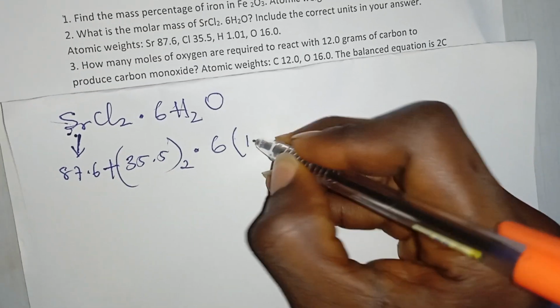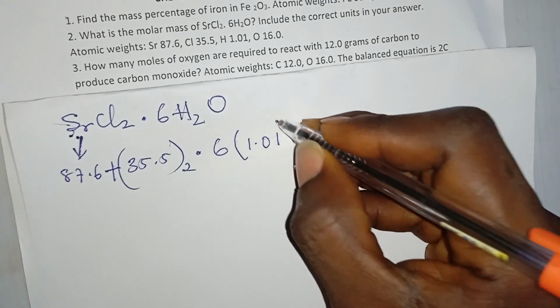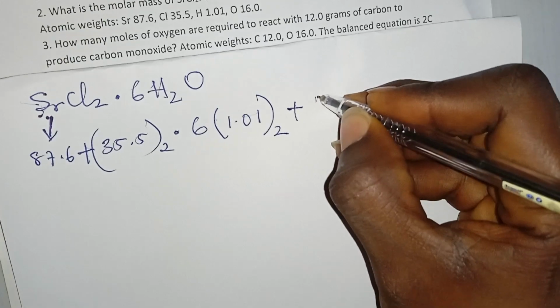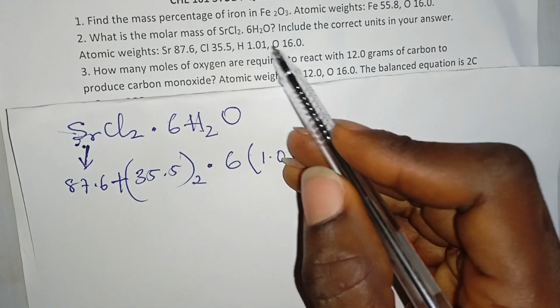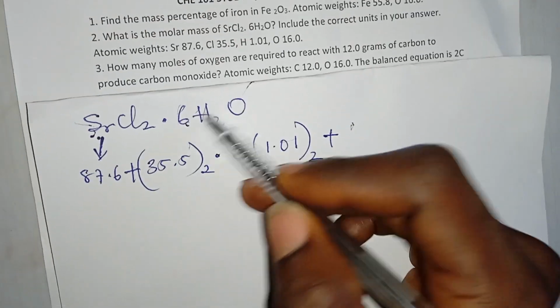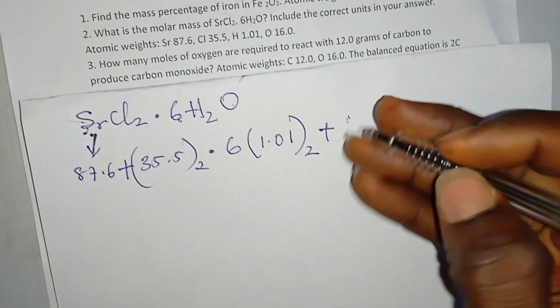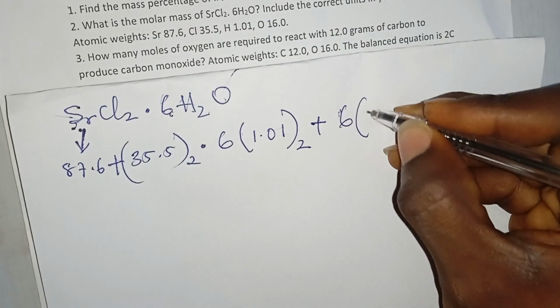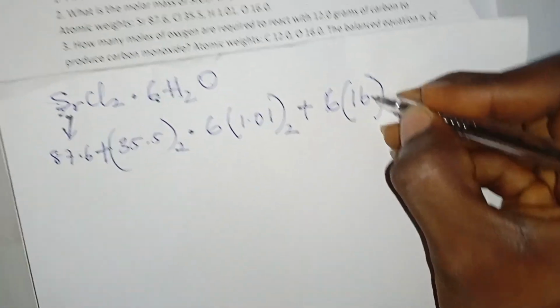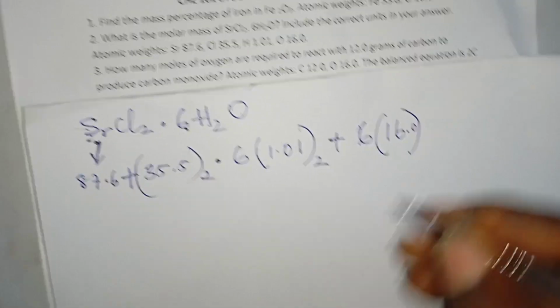H is 1.012 plus 16. Notice that because this compound is affected by this 6, it will affect this oxygen. So 6 times 16. Atomic mass of oxygen is 16.0, which is the same as 16.